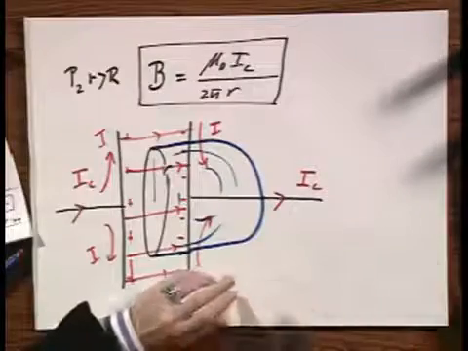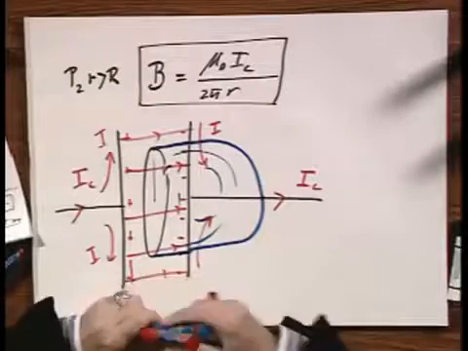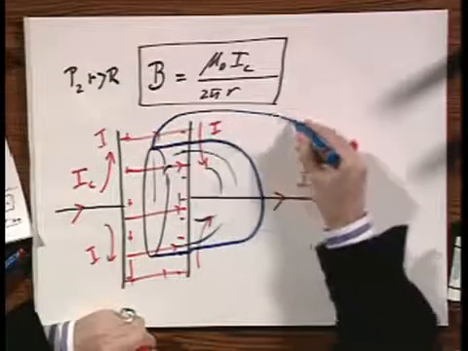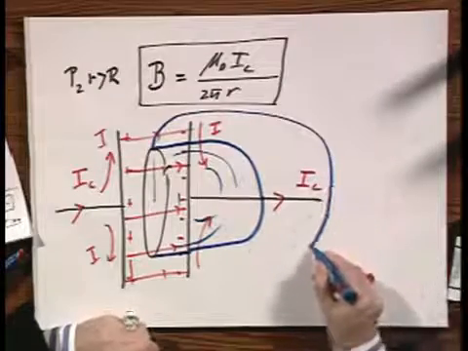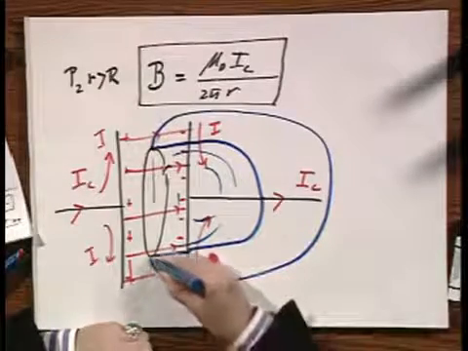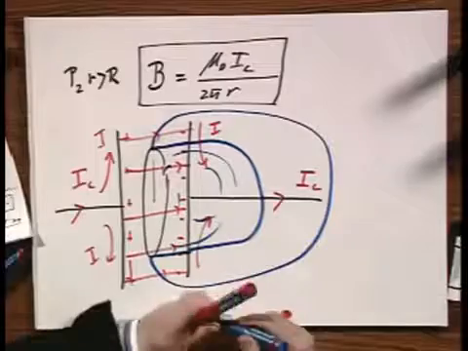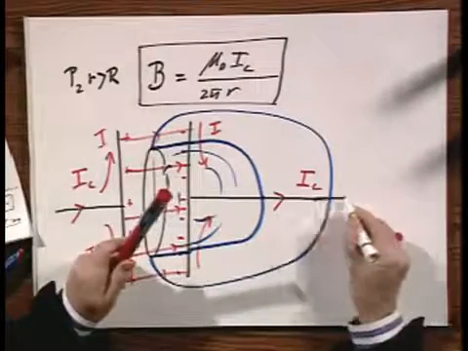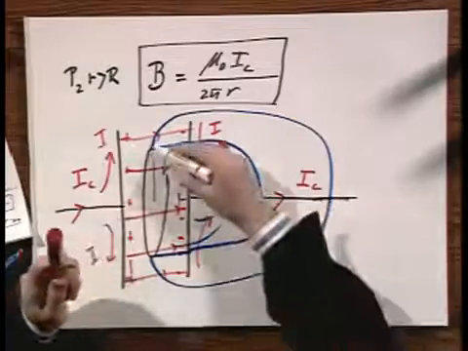Now you may be clever and say, aha, now I'm going to choose a surface which is completely bypassing the plates, and which goes like this. Wonderful. I have here now conduction current penetrating through the surface here. But what do I have here?